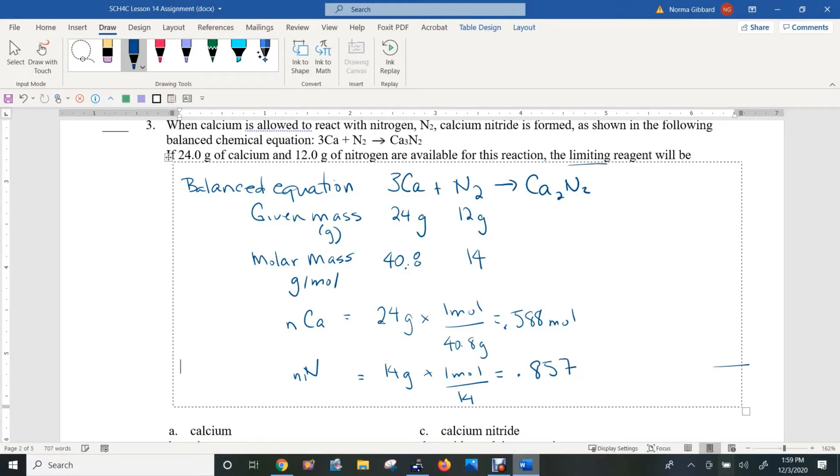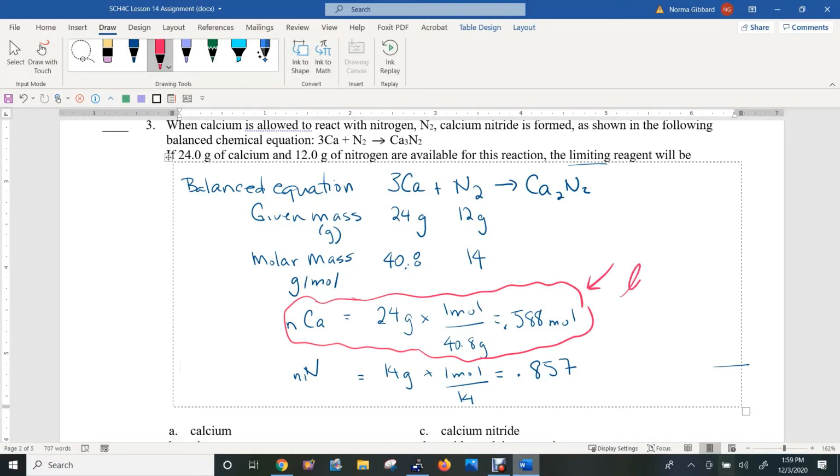The limiting reagent is the one with the smaller amount. So we can see that calcium is our limiting reagent.